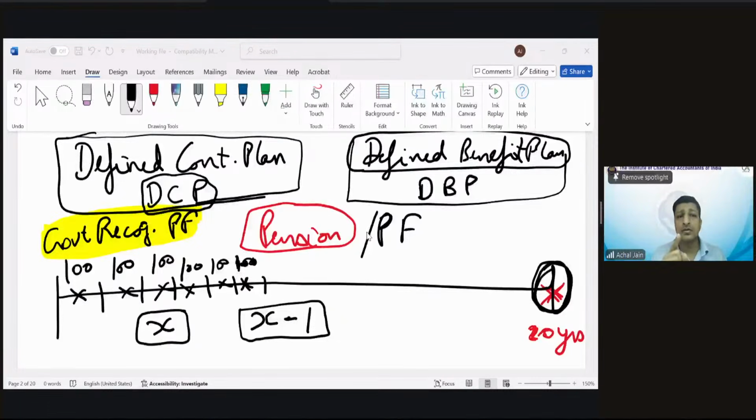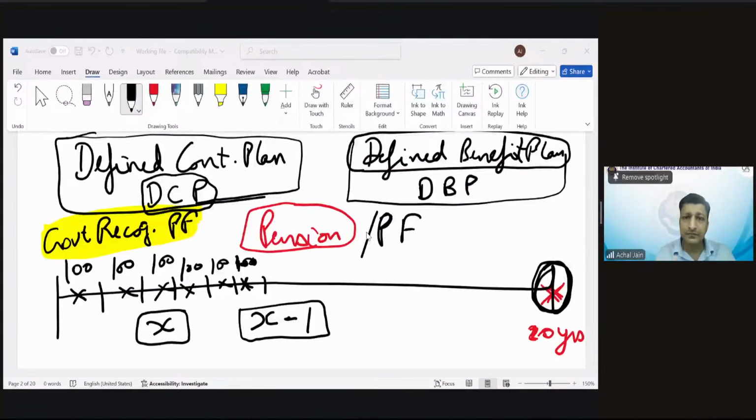No. That will have to be taken care of by that fund. The employer will not be liable for that. That risk on the part of the employer is gone. Once the contribution is made, the employer's risk is gone. Employer is risk free. That is what you call a defined contribution plan.